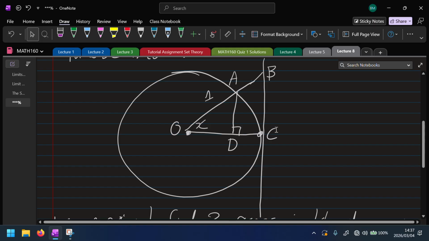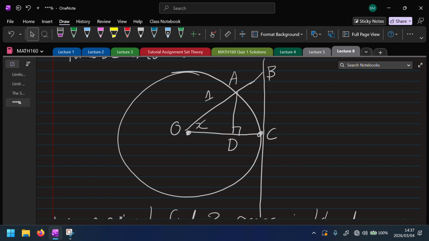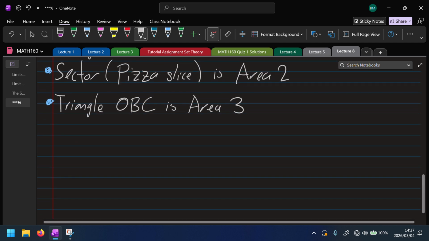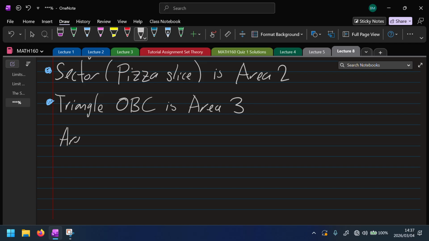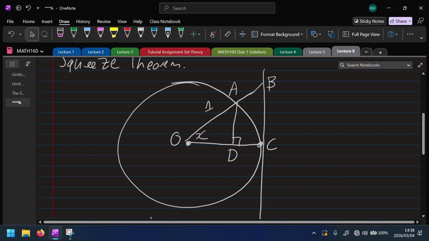So the area of triangle OAD, well, that's pretty easy to do. That's half base times height. So area 1 is going to be half base times height. So this is going to be half. The base is going to be OD. Okay.